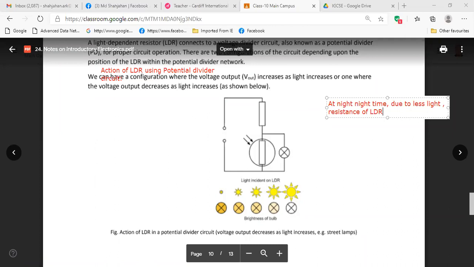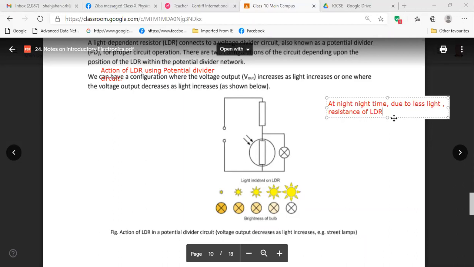But in some circuits, you will get much more complicated ones, where part of the circuit, like here we are getting only one resistor, only this LDR, but there might be another resistor here in parallel. That time also you are getting potential divider. We'll get that type of question in our worksheet.